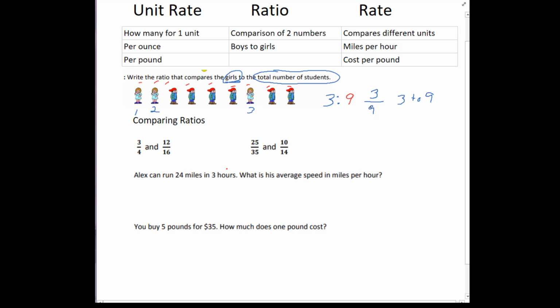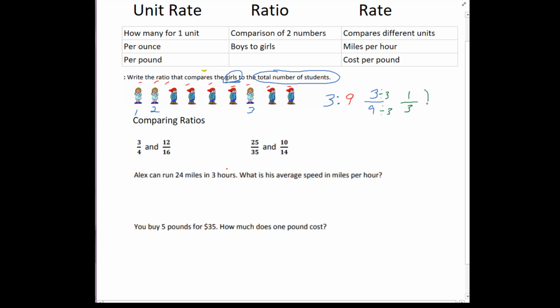If we divide by 3, because each of them has a factor of 3, 3 divided by 3 is 1, and 9 divided by 3 is 3. So that gives us 1 over 3.